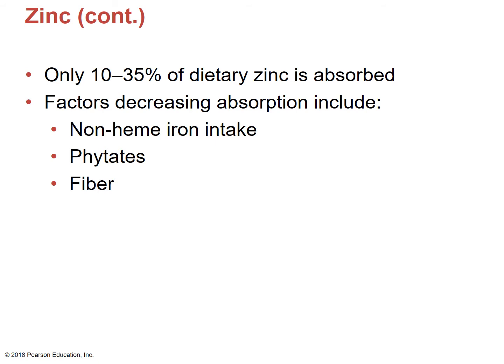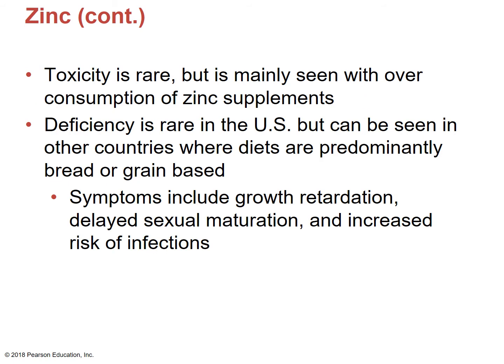As zinc is critical to a healthy immune system, zinc deficiency also results in an increased incidence of infections. Again, toxicity is rare, and deficiency is also rare in the United States, although if it does happen, symptoms are growth retardation, delayed sexual maturity, and increased risk of infection.